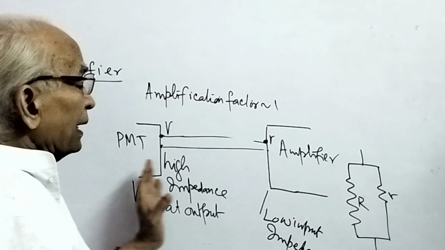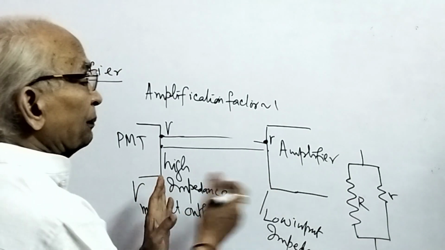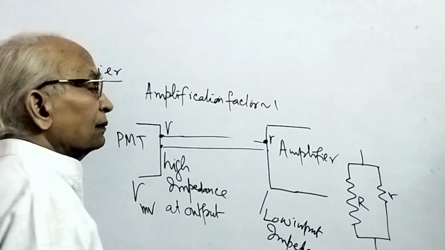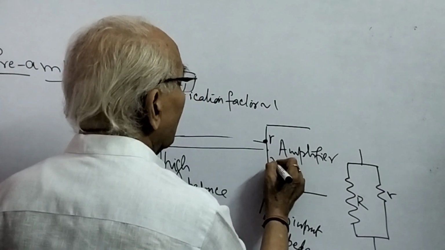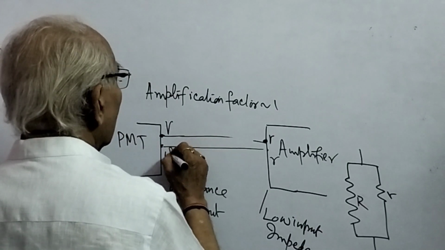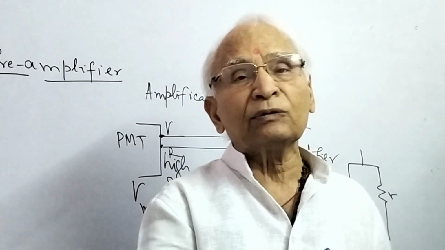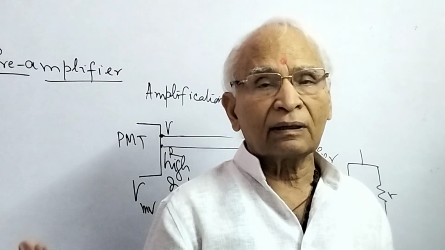So when high impedance and low impedance are coupled in parallel, the resultant impedance is lower than either impedance. This is a capital R. So we cannot couple a high impedance to a low impedance. This is called impedance mismatching.